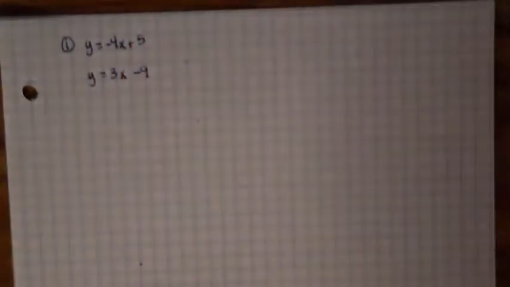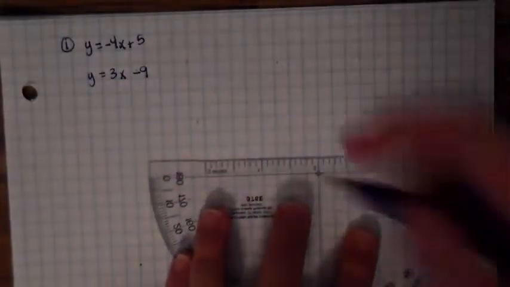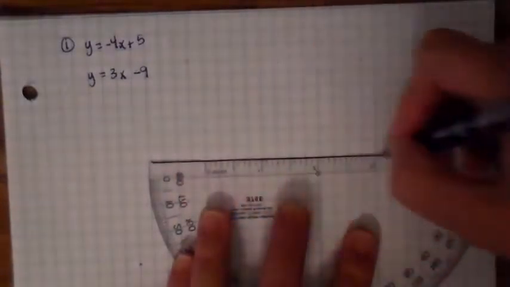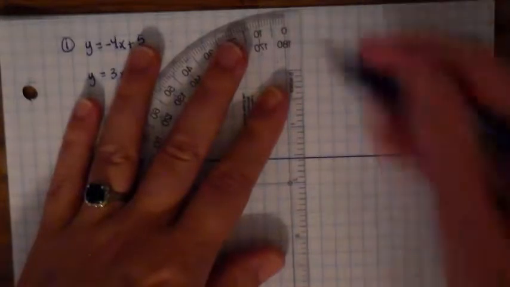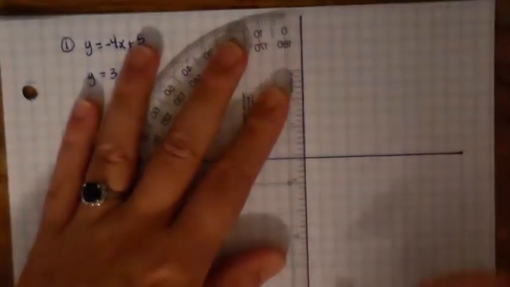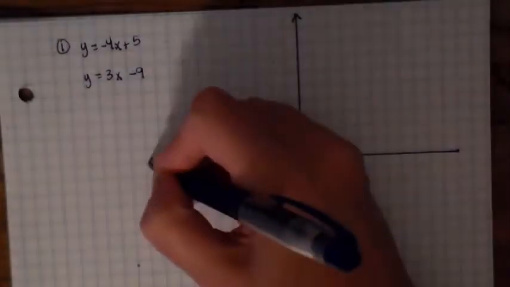We want to graph y equals negative 4x plus 5, y equals 3x minus 9. This is our system, and we want to find that solution. So first we're going to need to make a coordinate plane. Okay, so I have my coordinate plane.